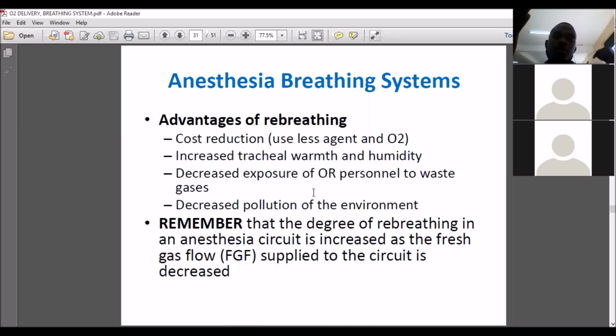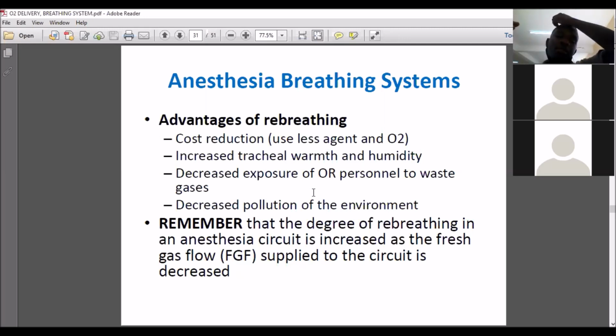Then decreased exposure of the OR personnel to the waste gases. You're getting me? This is one of the reasons why they put corona patients on ventilators, so that their breathed-out air does not go to the hospital environment and get other patients sick. Then it decreases pollution of the environment.